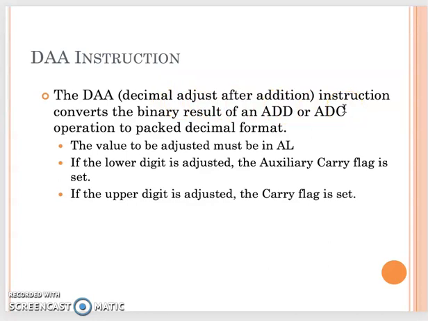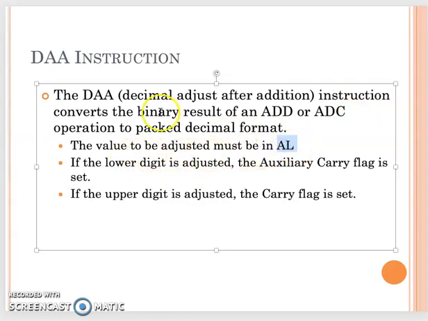So this instruction will convert the binary result from your addition. The addition can be either add or add with the carry flag operation. The first thing is the value to be adjusted needs to be in AL. That's why DAA only works with AL.